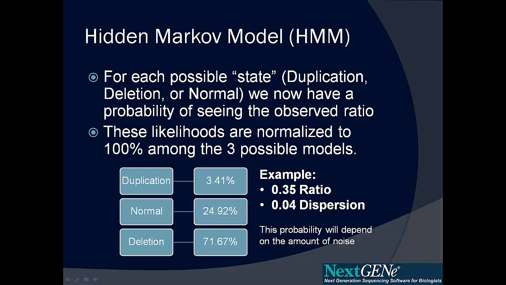So as an example, if one region is said to have a 0.35 ratio and a 0.04 dispersion, we can plug it into our equations and estimate that it's most likely to be a deletion, about 72% chance. And this isn't too surprising since an expected deletion ratio is 0.33.